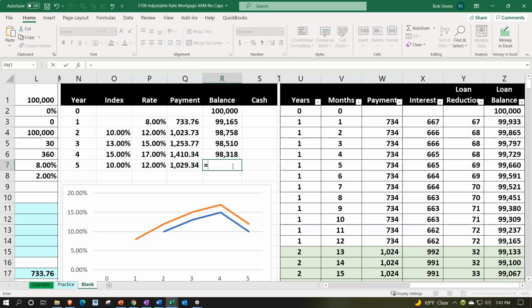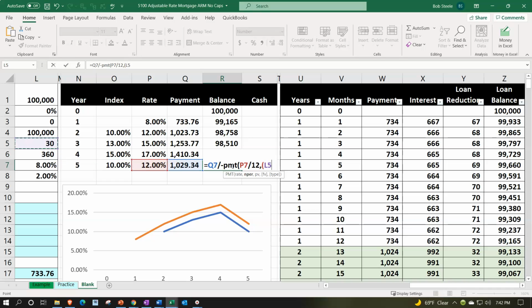This is going to be equal to the prior cell divided by the negative PMT function, shift 9, rate 12% divided by 12 to get the monthly rate, comma, number of periods, brackets is going to be 30.